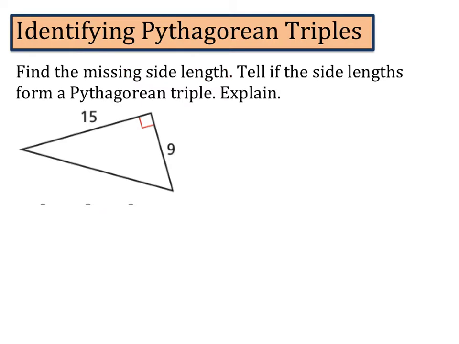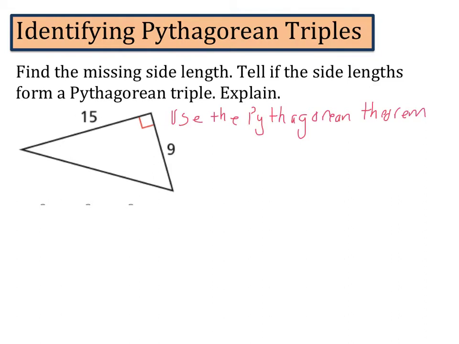Let's look at this picture and see if we can identify a Pythagorean triple. It wants us to find the missing side length and tell if the side lengths form a Pythagorean triple. So this is a right triangle, so I can use the Pythagorean theorem to solve for x.